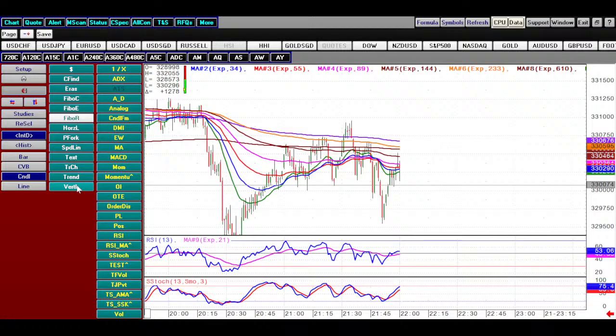Then the stop we will try to bring it down to 9 half. Okay, right now this is trading at 3300.5.